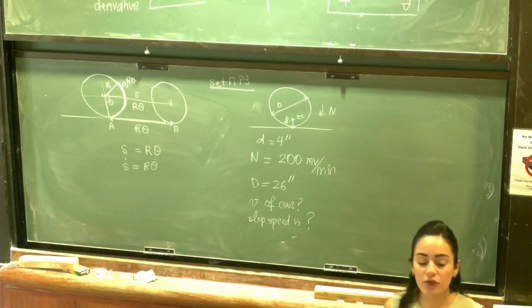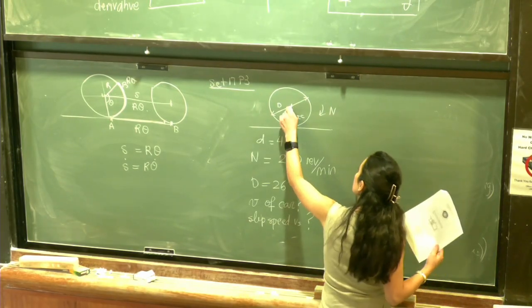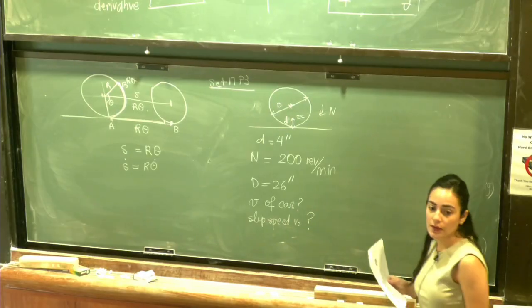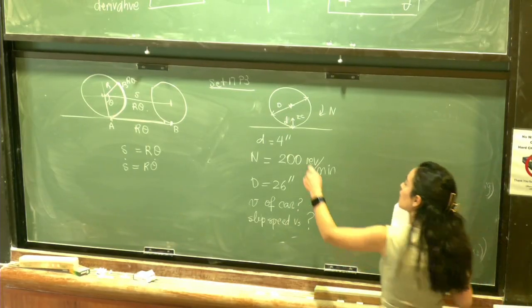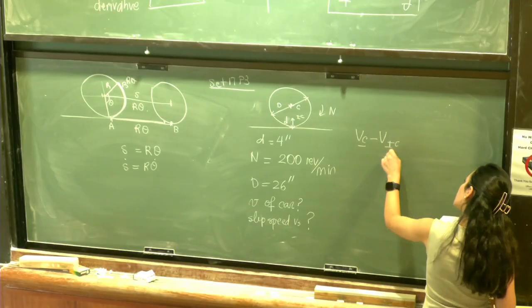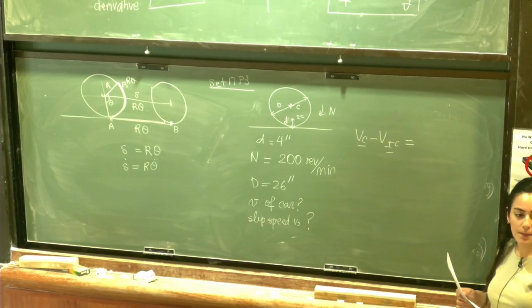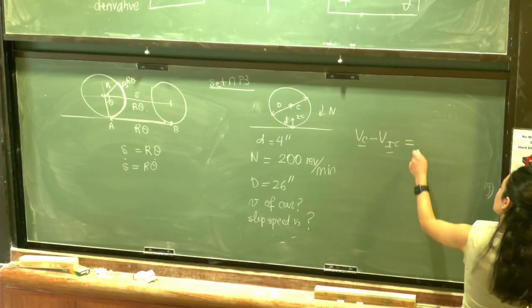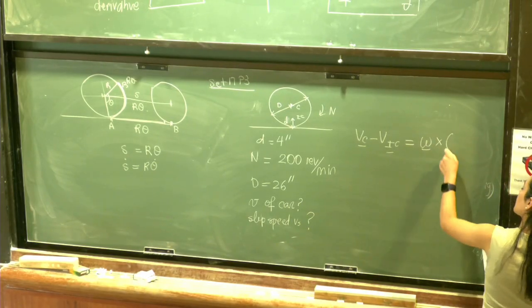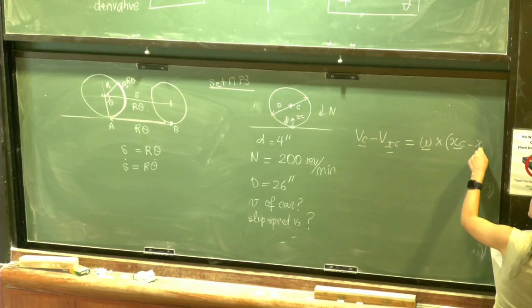Why not just use the equation, velocity analysis, between the IC and the center of the disk, right? Then the velocity of the center minus the velocity of the IC is equal to what? Omega of the disk crossed with xC minus xIC, exactly.